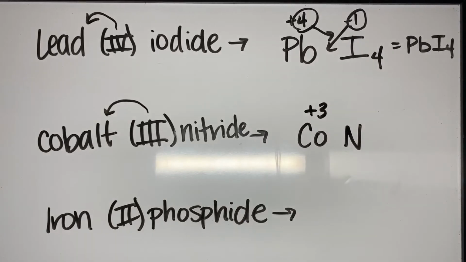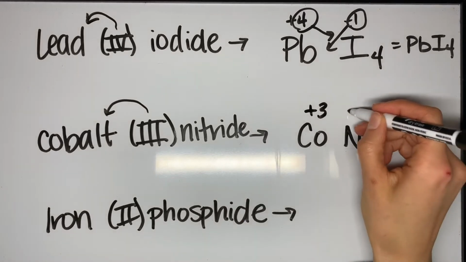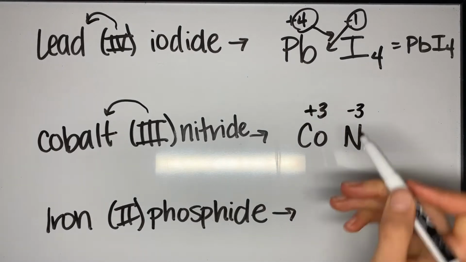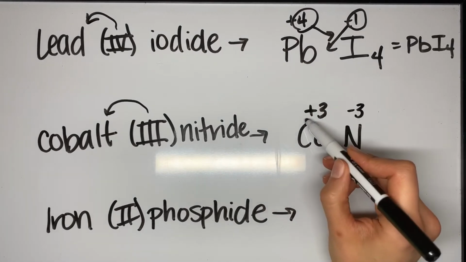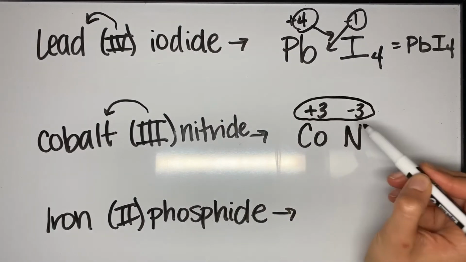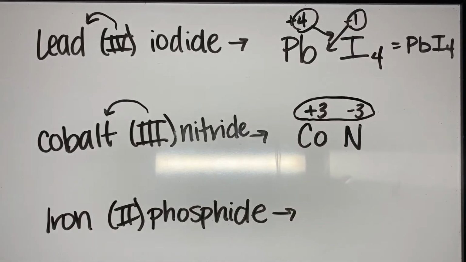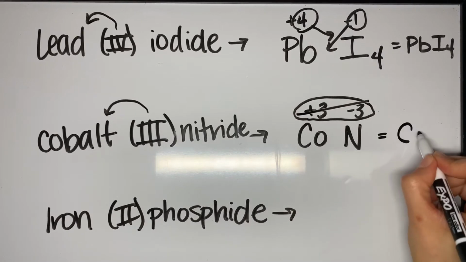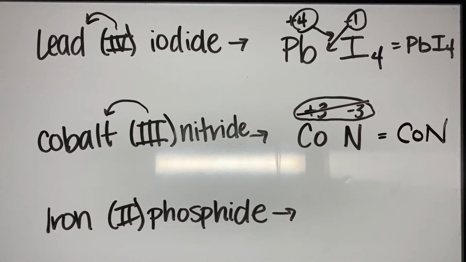Nitride is in group 15. It's going to have a -3. Now we would normally crisscross, but we can stop a second and look at this. +3 and -3 are equal and opposite. Those are going to cancel each other out. So we are going to have the final formula CoN.